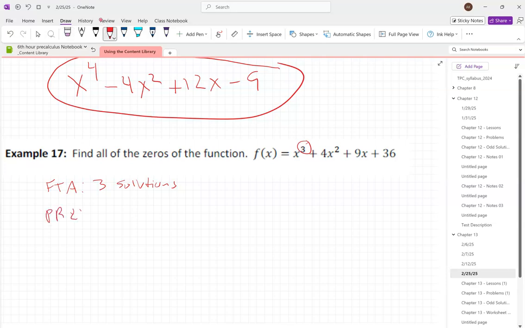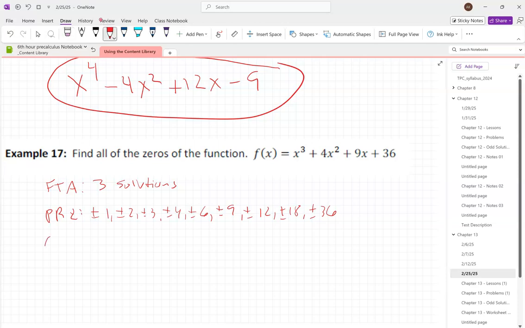Okay, where am I going to start my polynomial division? Well, my possible rational zeros are going to be factors of the constant term divided by factors of the leading coefficient, which is just 1, so I don't really need to worry about that. So my factors of 36 are 1, 2, 3, 4, 6, 9, 12, 18, and 36. I think I got them all.